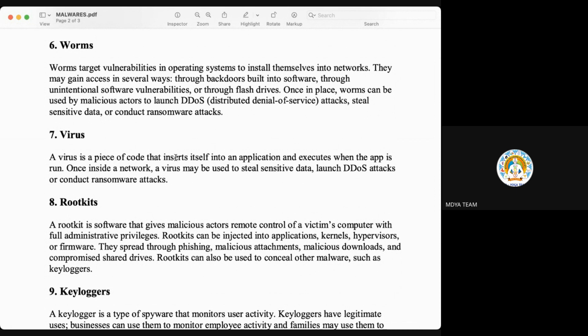So more or less they trouble you, or they create security issues, and there are so many viruses. Day by day they are increasing.